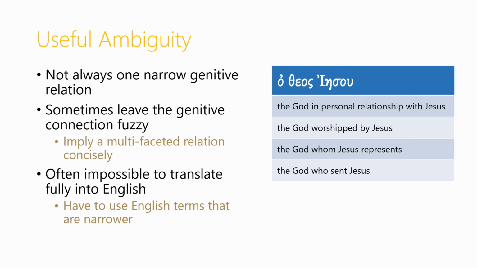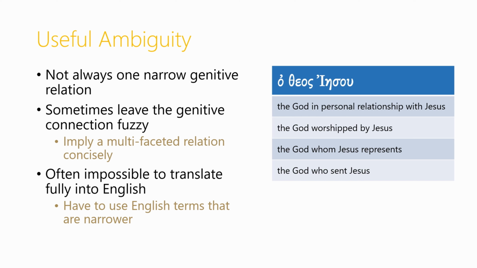That's another possible relationship between them. The God represented by Jesus? The God whom Jesus represents? The God who sent Jesus? You can see some of these relationships go beyond the categories that we've just looked at. But they're all possible relationships that could be implied by the genitive connection between theos, God, and Iesou, Jesus.